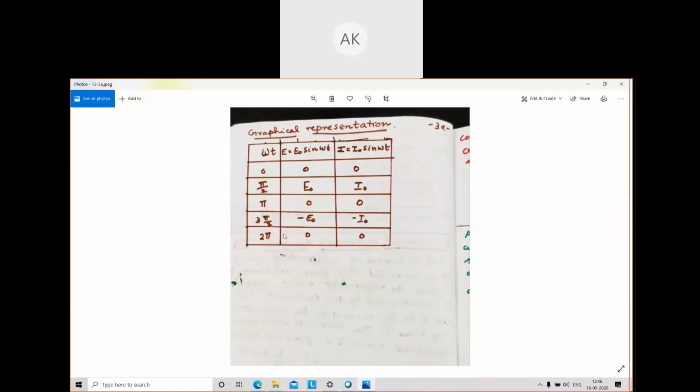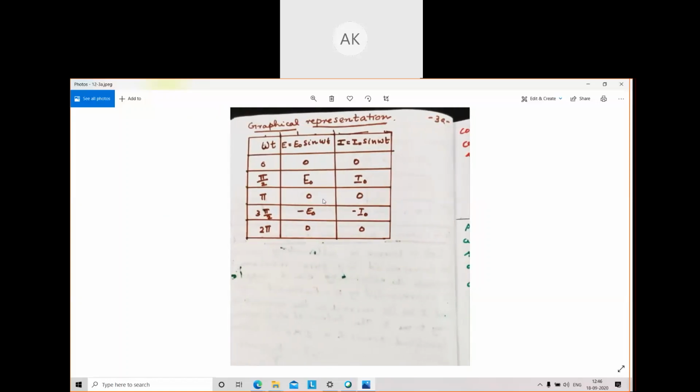I0=E0/R. സിമിലർലി 2π ആയപ്പോൾ വീണ്ടും E=0, I=0. അപ്പോൾ ഒരേപോലെയാണ് കറണ്ടും വോൾട്ടേജും വേരി ചെയ്തുകൊണ്ടിരിക്കുന്നത്. They are in same phase, but magnitude of current is less than the EMF because I0 is E0/R.